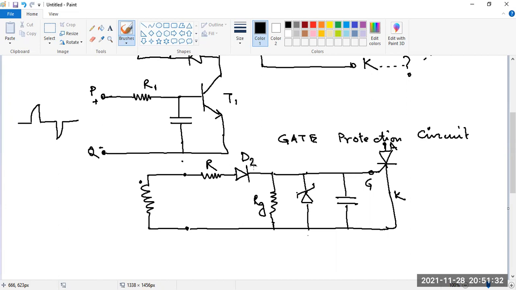So that is also a kind of bypass path for that reverse power. Okay, now Cg, that is the high frequency bypassing capacitor. Okay, so Cg, I have not named it Cg.